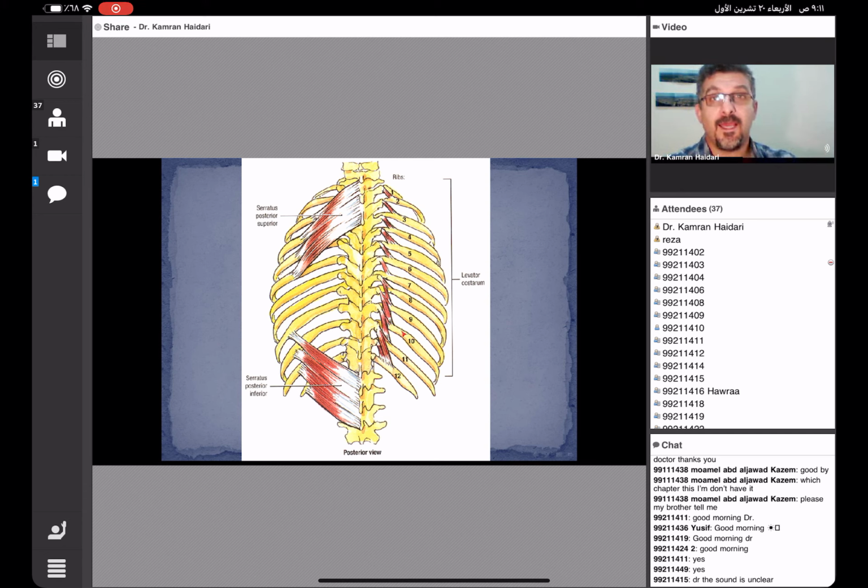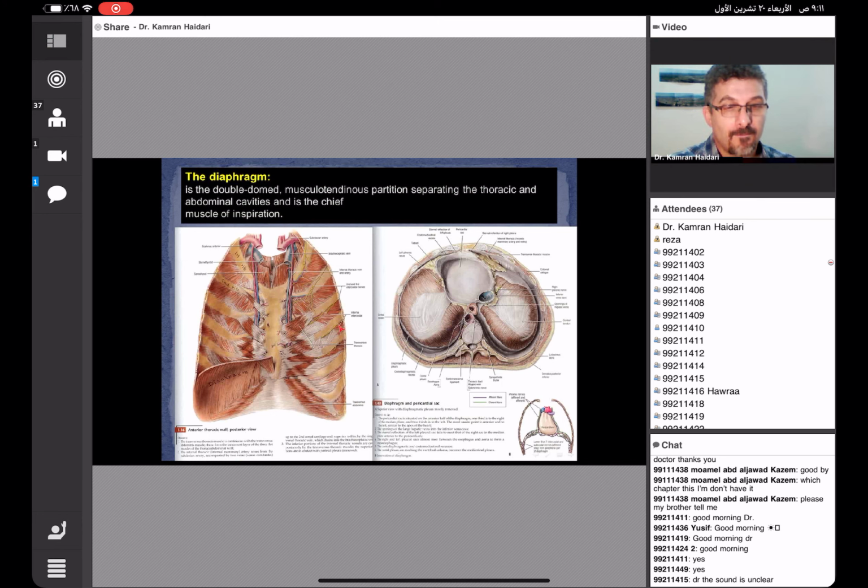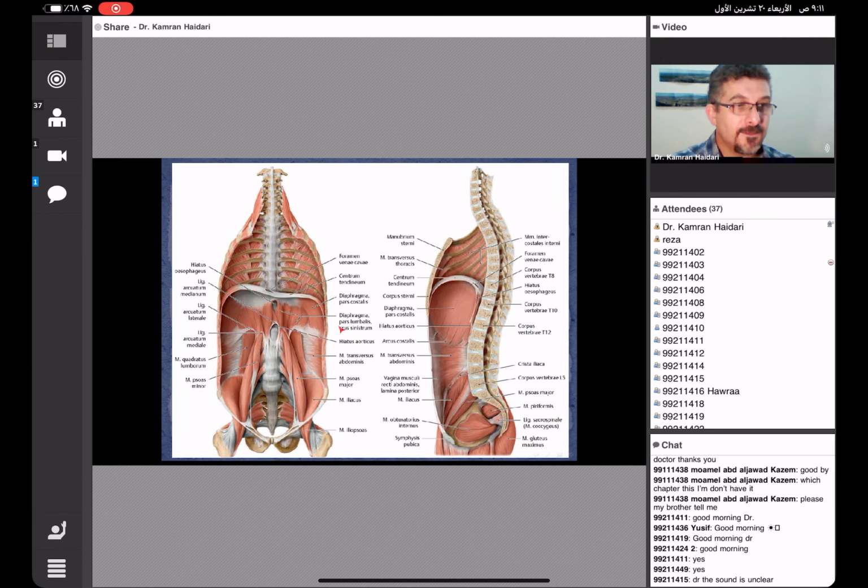Both of them are located on the posterior wall of the thorax, as are serratus posterior inferior and superior.